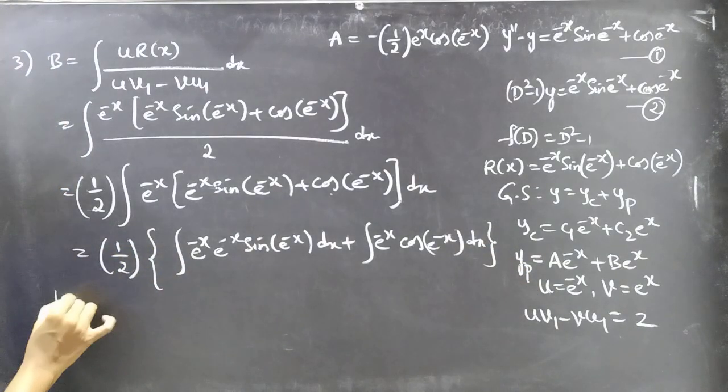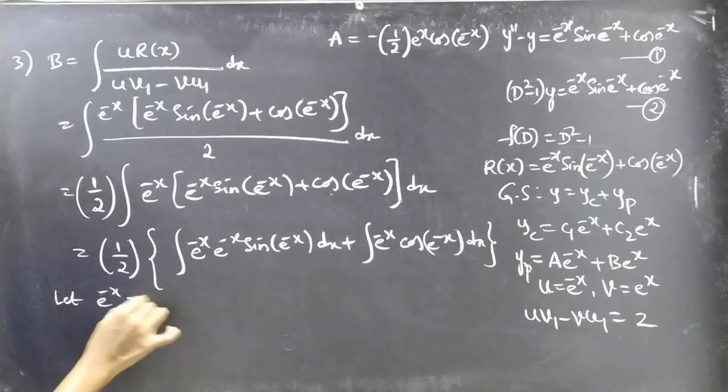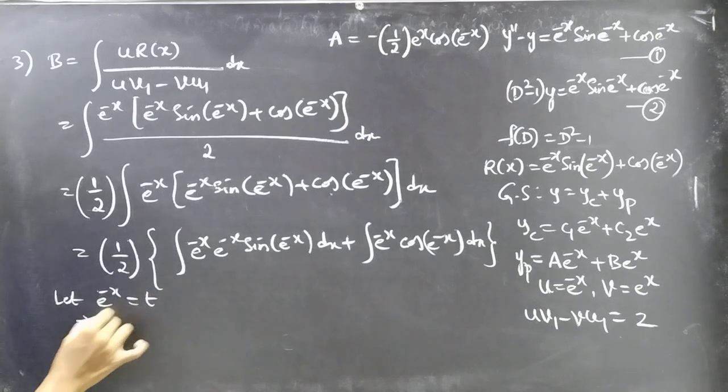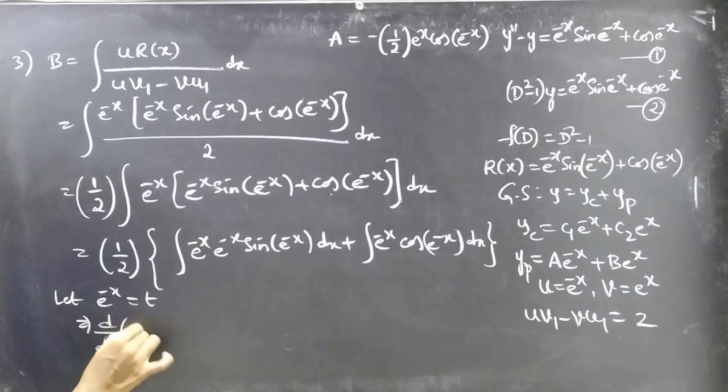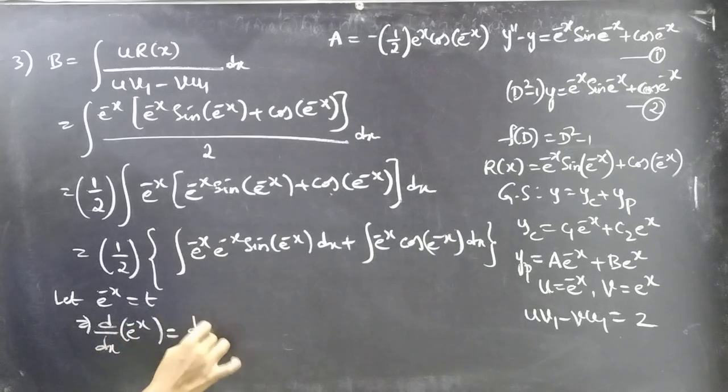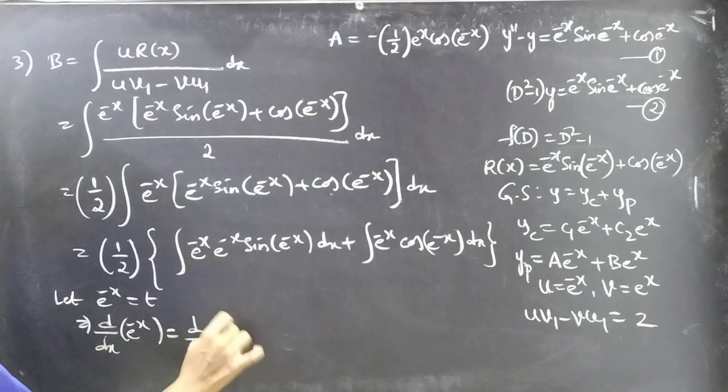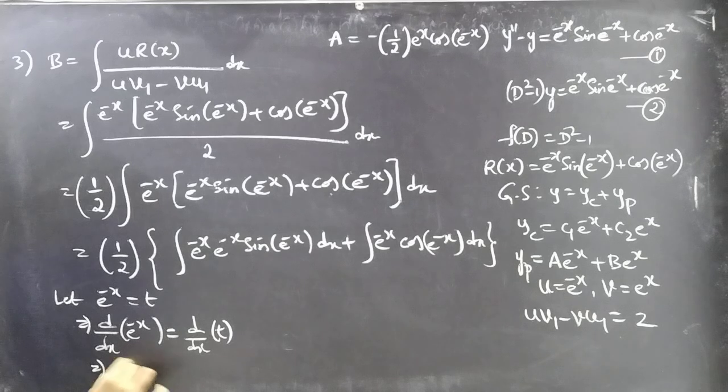Let e power minus x equal to some t. Now differentiate on both sides with respect to x, which gives us minus e power minus x equal to dt by dx, right? The derivative of e power minus x with respect to x is minus e power minus x.